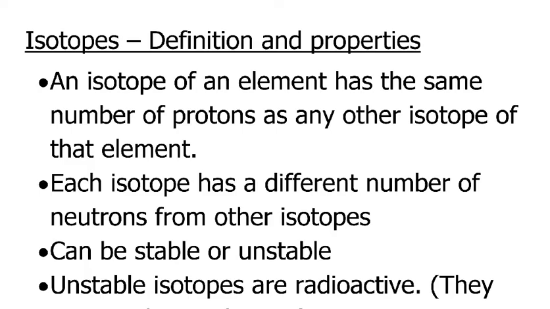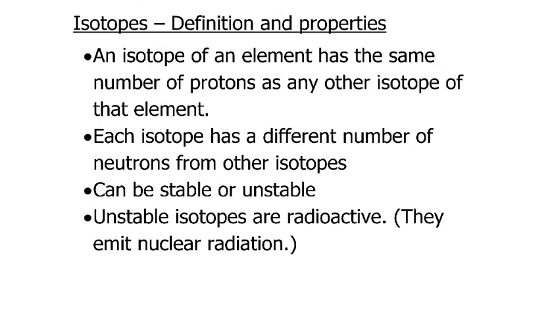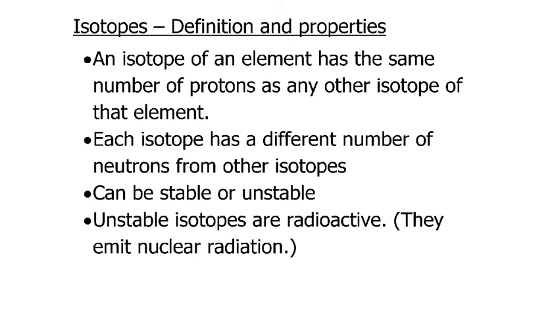So you might be wondering, what is an isotope? Well, we'll go through these definitions really quick, and then move on. An isotope is a particular atom of an element that has a different number of neutrons than some other particular atom. So an isotope of an element has the same number of protons as any other isotope of that element, but each isotope has a different number of neutrons.